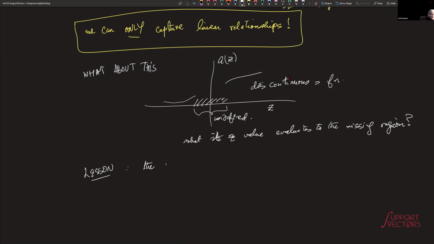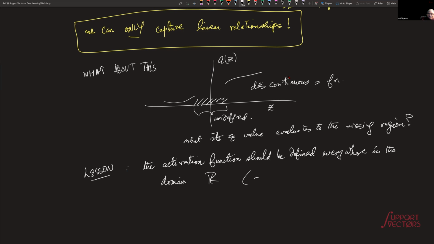The activation function should be defined everywhere in the domain R, which is in other words from minus infinity to plus infinity.